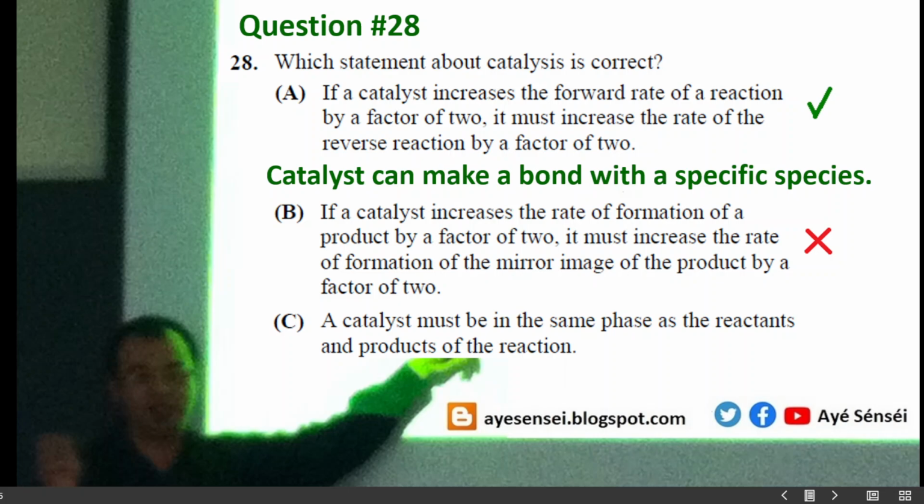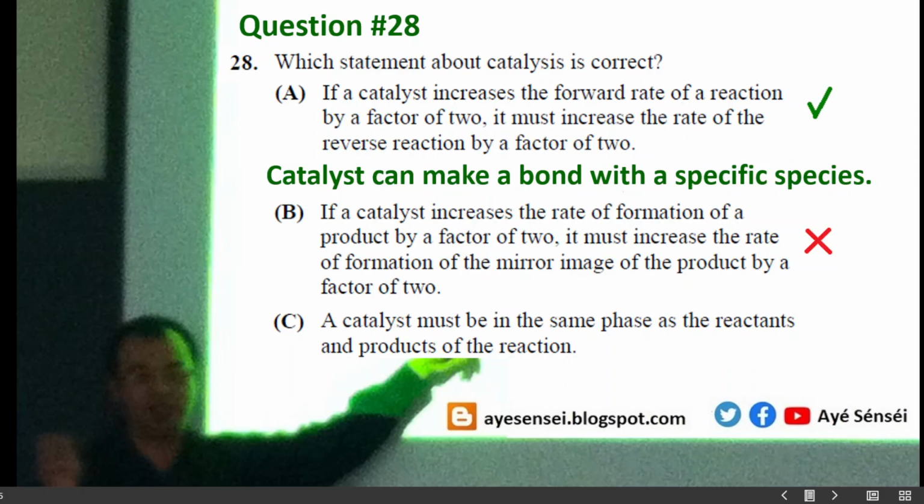So continue to statement C. A catalyst must be in the same phase as the reactants and the products of the reaction. Well, this is not true because a catalyst doesn't have to be in the same phase as either the reactants or the products.